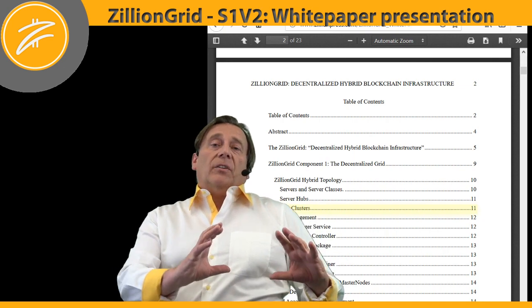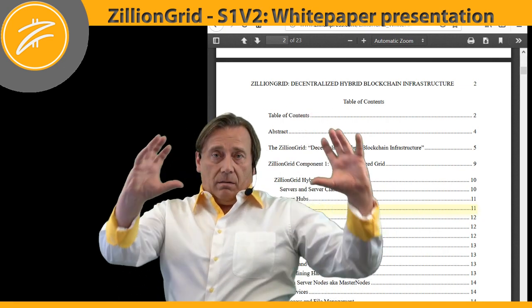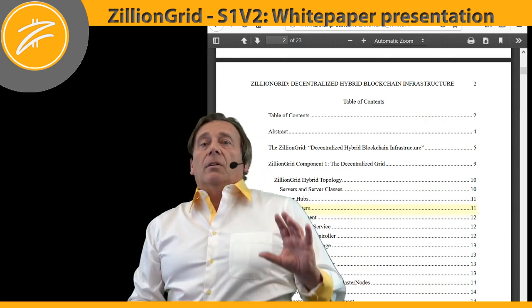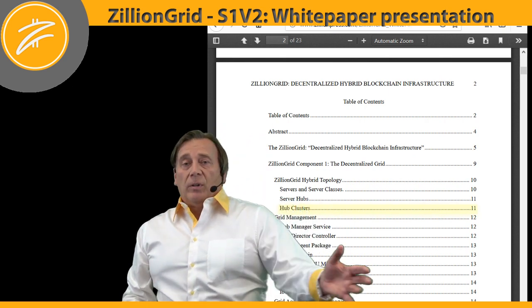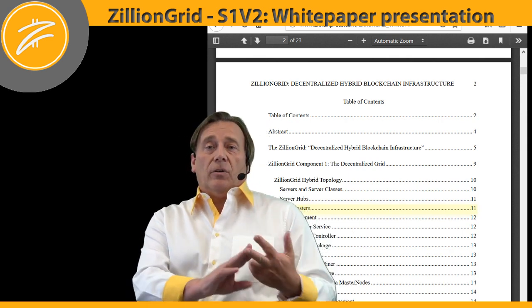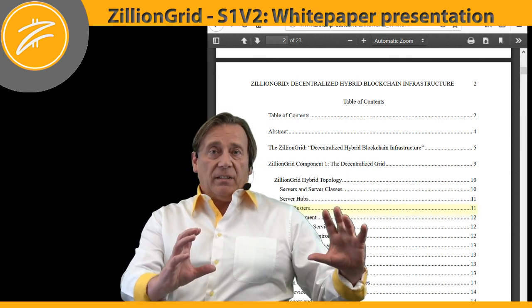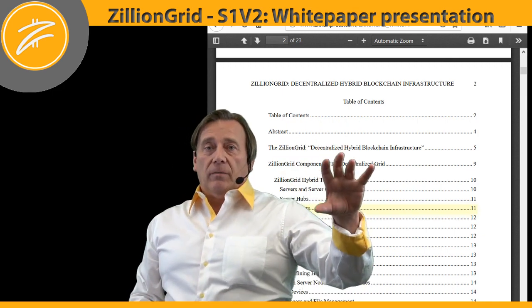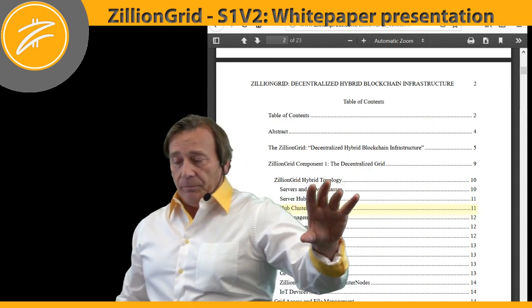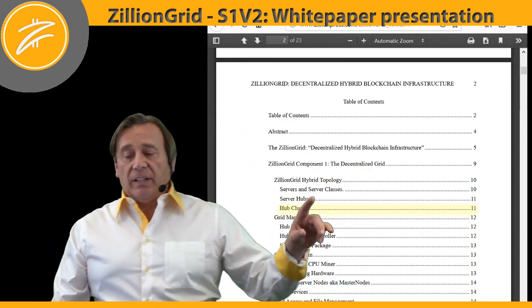And then on the other part of the infrastructure, we have the turnkey software solutions, which will be a suite, an office suite, a communication suite, everything that you're used to, but in this case, it runs on the grid. And we have integrated blockchain functionality. So that is what you will see in this table of contents.